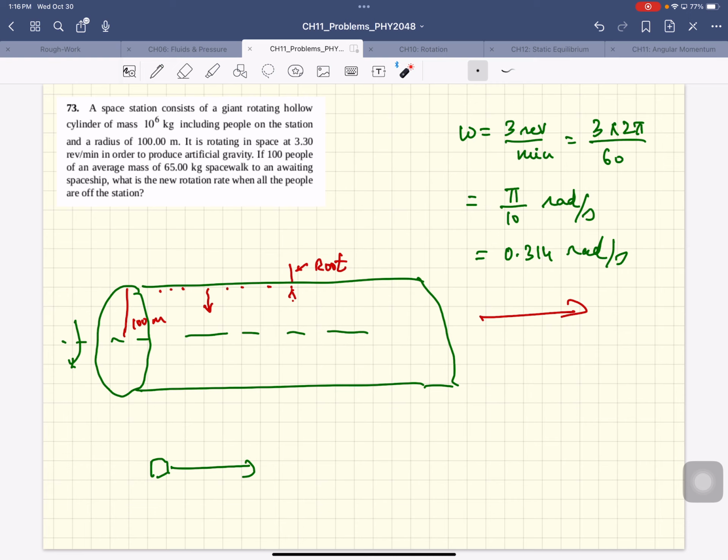So the mass of the space station decreased. By how much? 65 kg times 100 people, 6,500 kg. The mass of the space station was 1,000,000 kg, so it decreased by a very small amount, about 1%.